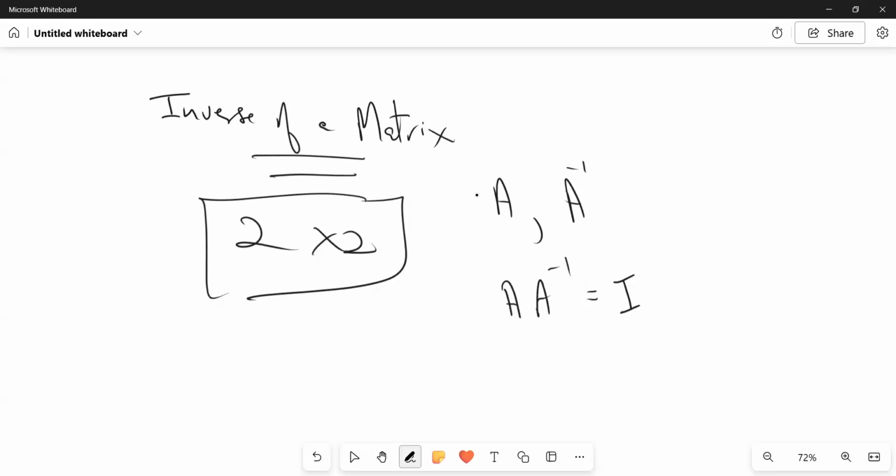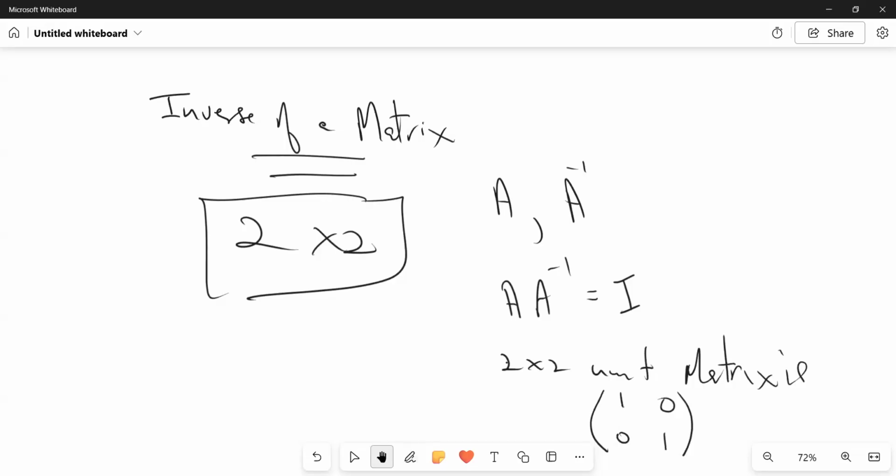If you're dealing with a 2 by 2 matrix, the 2 by 2 unit matrix is this matrix 1 0 0 1, right? So when you take a 2 by 2 matrix and multiply it by its inverse, you get what we call the unit matrix.